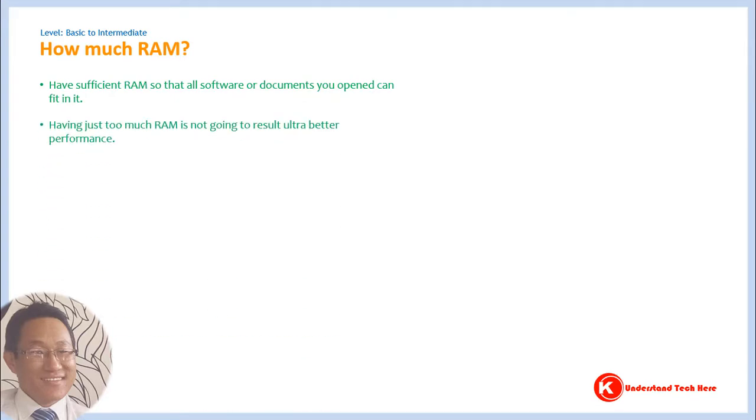But at the same time, having just too much extra RAM also does not result in better performance. Let's say if everything fits in 4 GB RAM, then having 8 GB RAM is not going to result in any better performance.